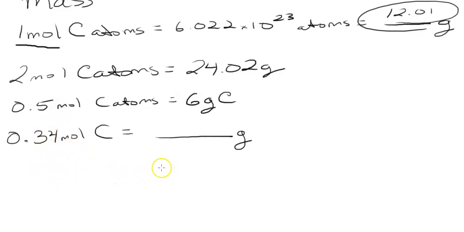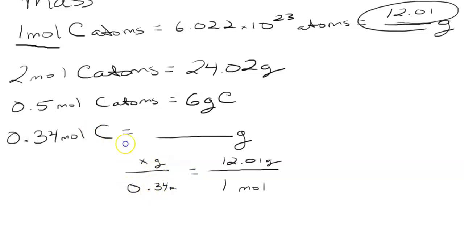So you could do something like, if 1 mole of carbon weighs 12.01 grams, then how many grams does 0.34 moles weigh, right?